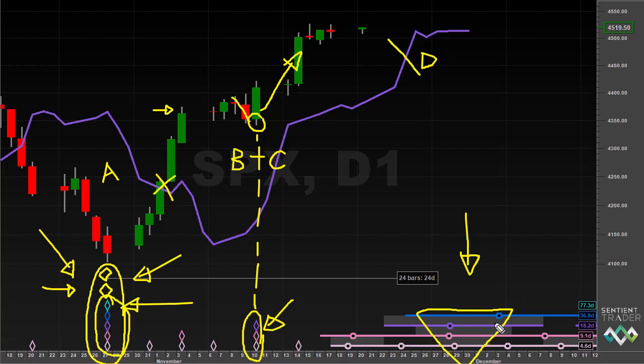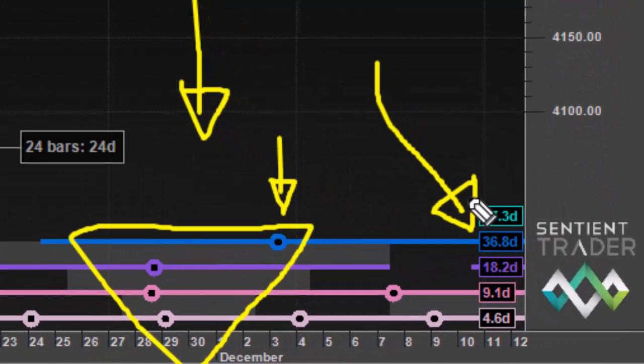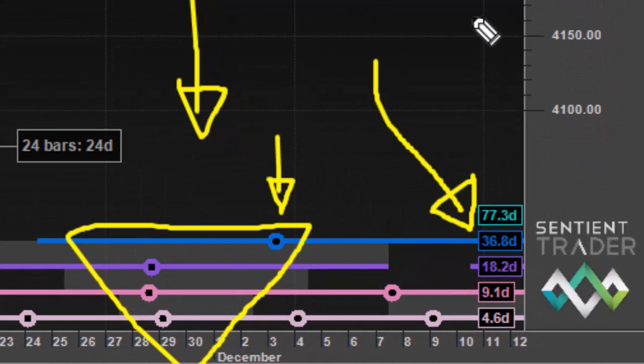A circle and whisker is simply the exact time at which the next trough of a particular cycle, and you can see our cycles are color-coded, so I've just pointed at the 40-day cycle circle, and that is the exact time at which the next 40-day cycle trough is expected to occur on the basis not of the average wavelength of the 40-day cycle, but of the recent average wavelength, which is presented at the right-hand edge of the chart, as Hurst suggested, where you can see that the recent average wavelength of the 40-day cycle has been calculated at 36.8 days.